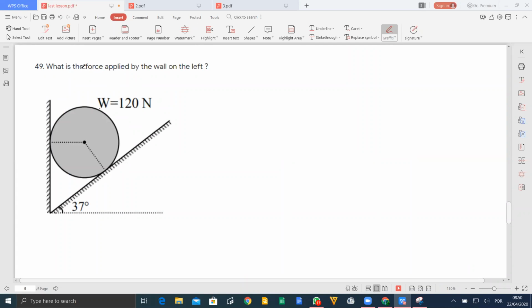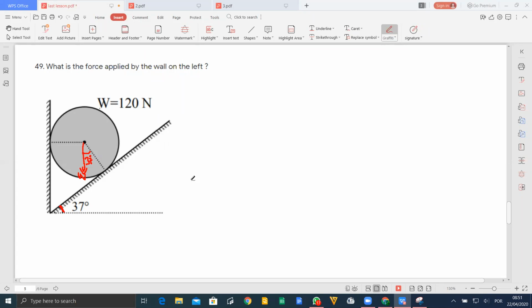What is the force applied by the wall on the left? Okay. On Saturday or Sunday, we solved a similar question to that, but the shape is different right now. First of all, I need to say that in this type of question, when you show the weight of the object, if this angle is 37, be sure that this is also 37 degrees. This is a practical way for you.